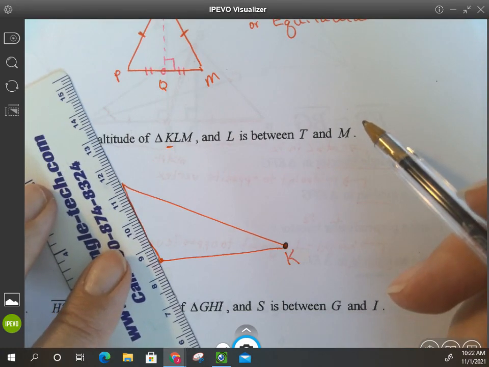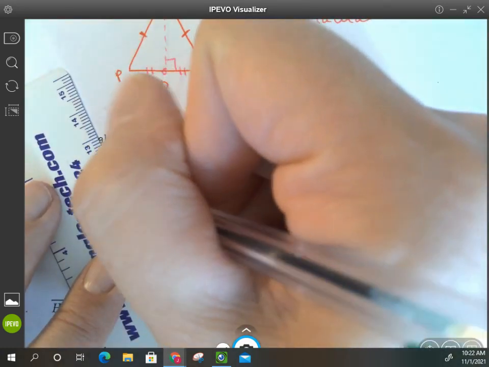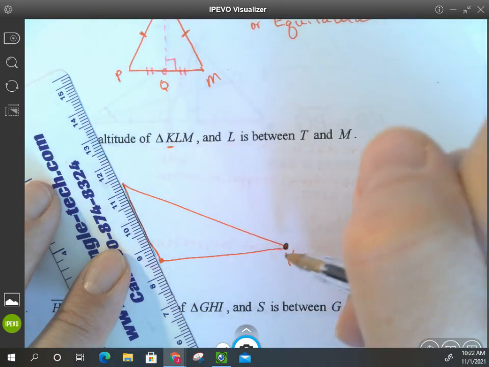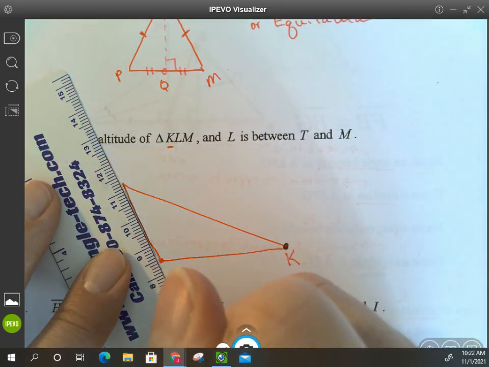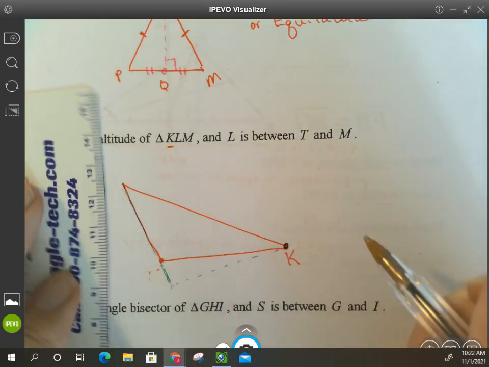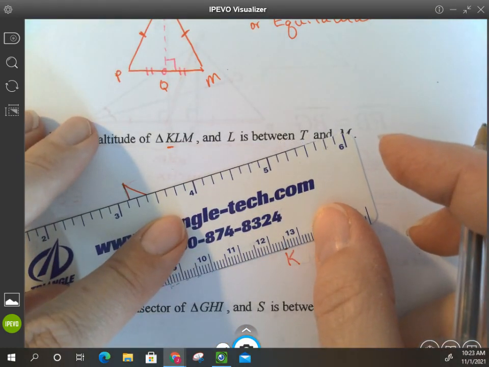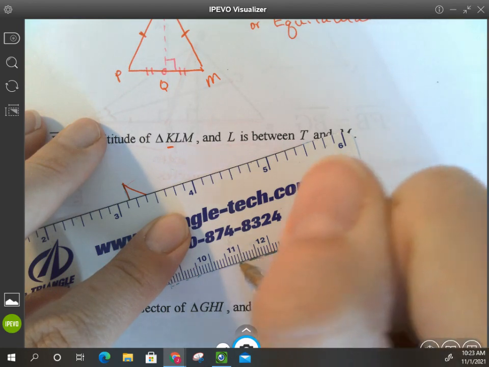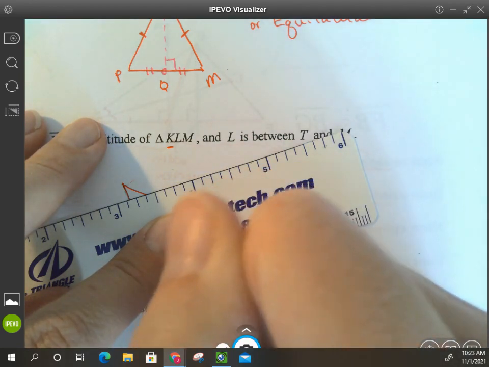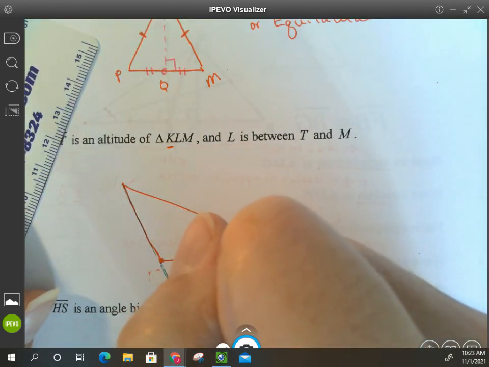So K to T, if I draw this line here to connect over and make it 90 degrees, wouldn't it be out here like this? All right, so I'm going to come back. I'm going to highlight this. Definitely not my best work while we're doing it together. That is my altitude.